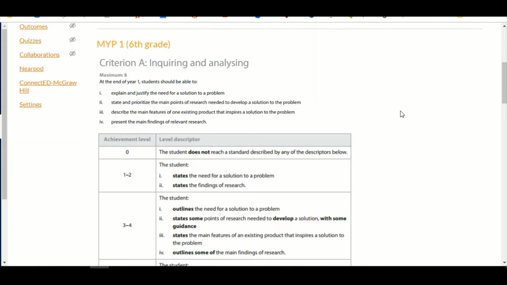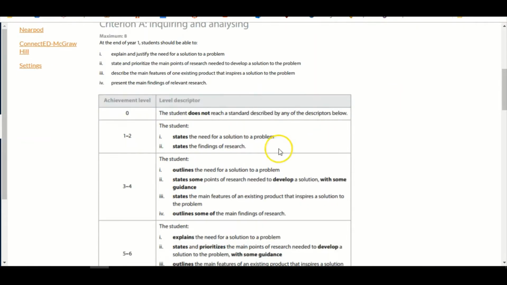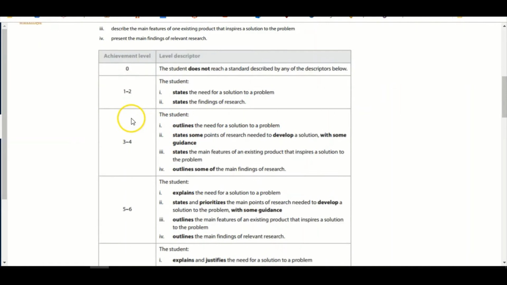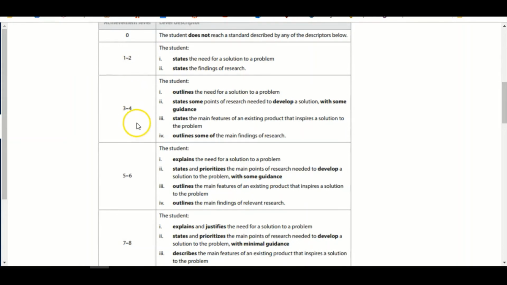Notice that there are 5 basic sections of the rubric, divided into pairs of achievement levels with one exception. So the 0 achievement level is on its own, but otherwise 1 and 2 are together, 3 and 4 together, 5 and 6, and 7 and 8.